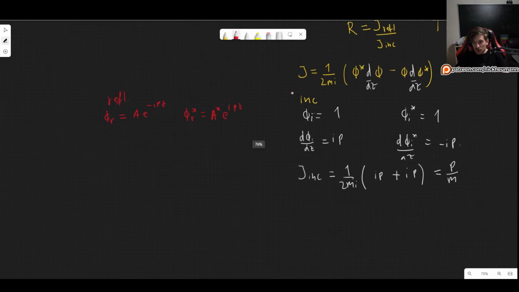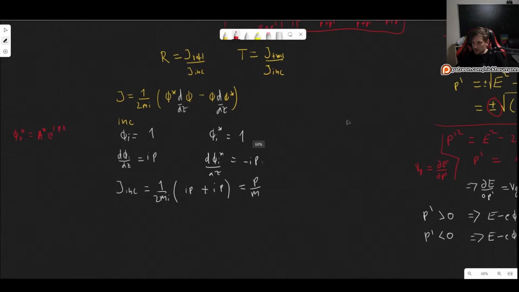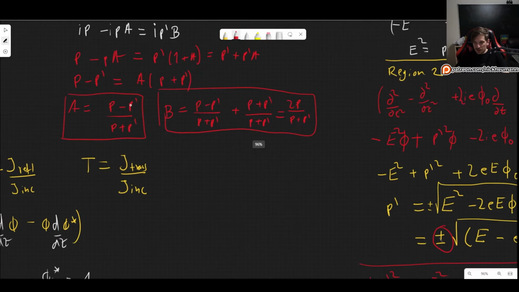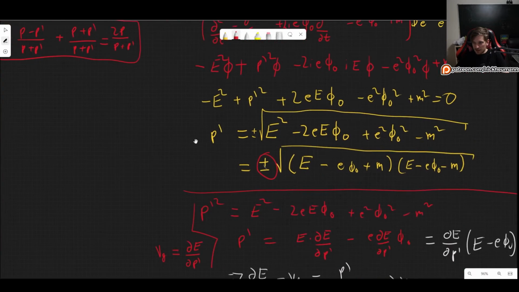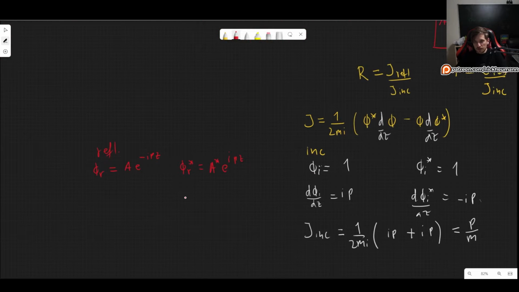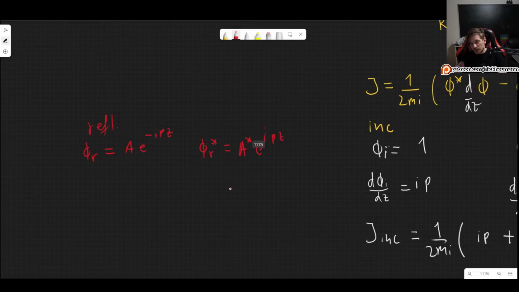Notice that a could be complex because a depends on p prime, and p prime could be imaginary. This square root may very well not be positive, so you could end up with something imaginary or complex. So we have to account for every single possibility. So for now, we will just write it as a conjugate.